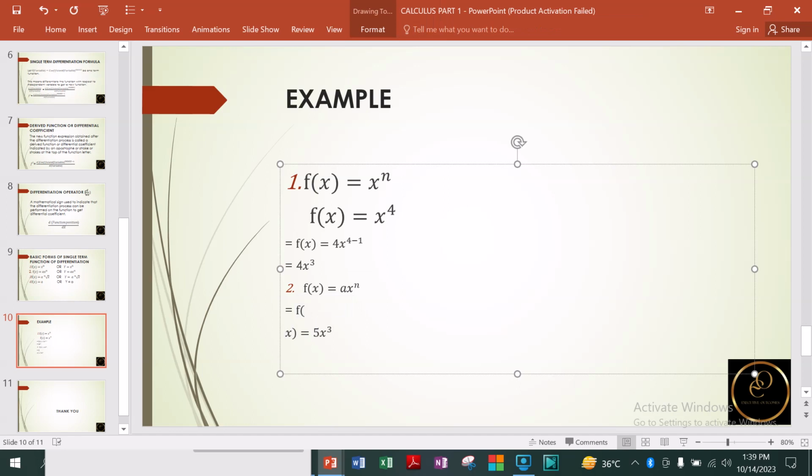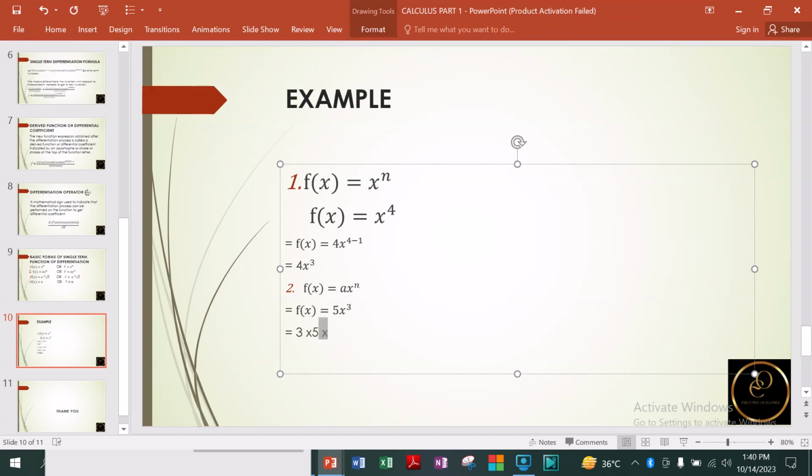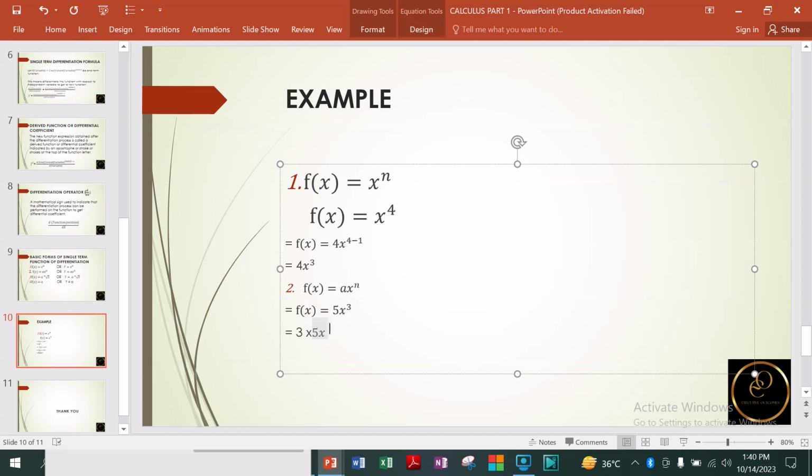So what we do is look at this one. Like before, we bring down the power, so it will be 3, which is multiplied by 5, raised to the power. This 3 comes down to 2 because you subtract it, reduce it by 1.